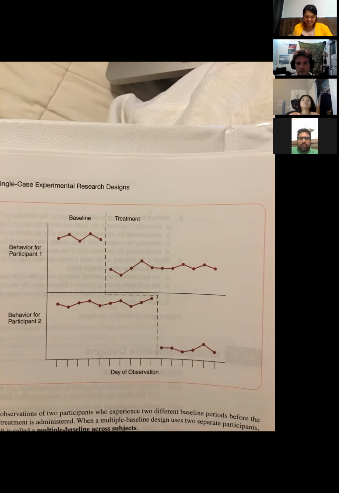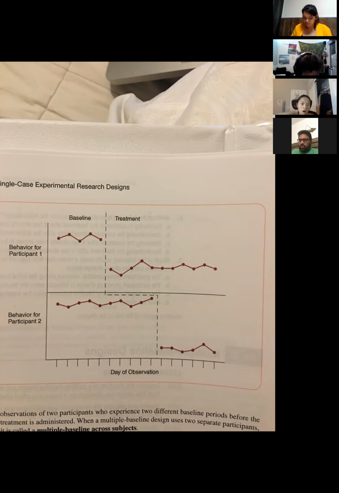Okay, so if you look at this one, it shows on the side behavior for participant one, behavior for participant two. Under the section for the characteristics of multiple baseline design, it says that it establishes credibility of the treatment effect by replicating the phase change for a second participant or for a second behavior.